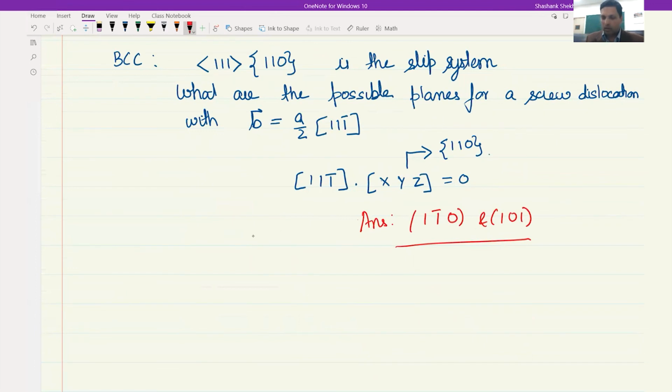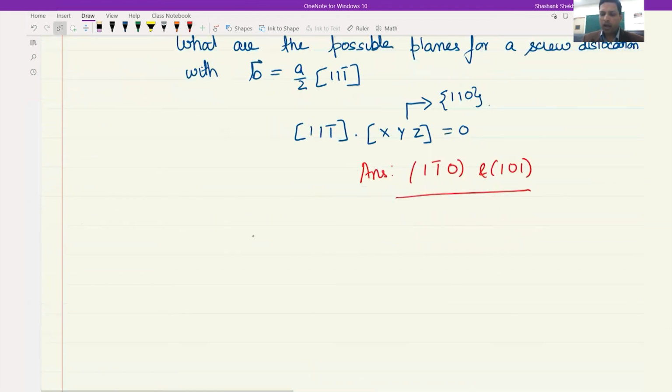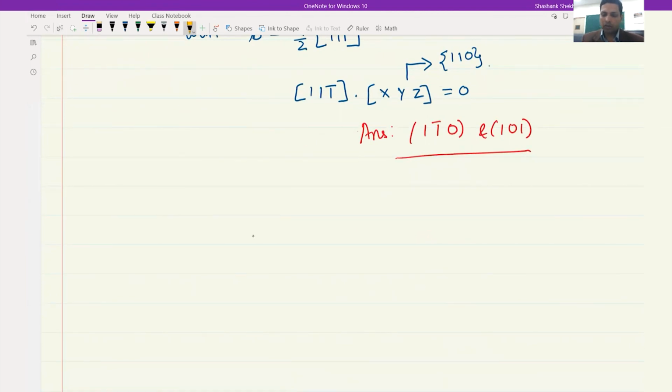So with that, we will close our session for this glide of dislocations, and I will leave you with a thought. What will happen if there is a dislocation? Let's say this is a dislocation which is like an extra half plane, and let's say this is the glide plane.